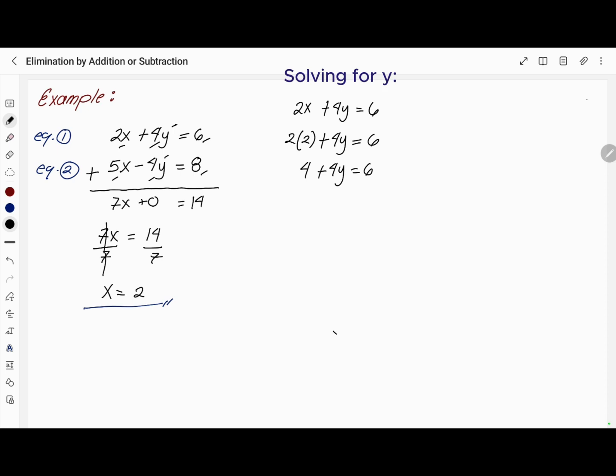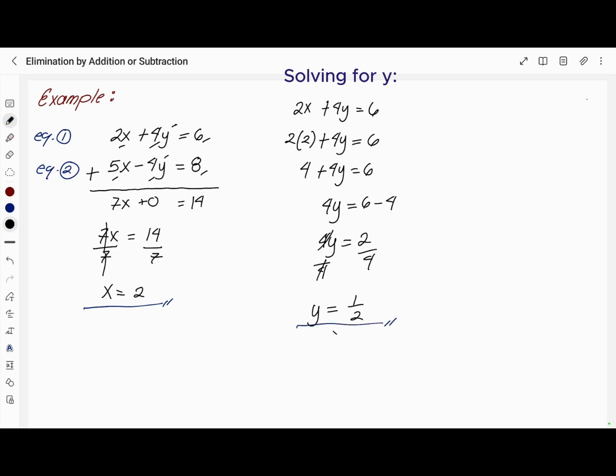Then transpose the 4. So we now have 4y equals 6 minus 4. Then 6 minus 4, that is 2. Now to get the value of y, we will divide both sides by 4. So we have the value of y equal to 1/2.